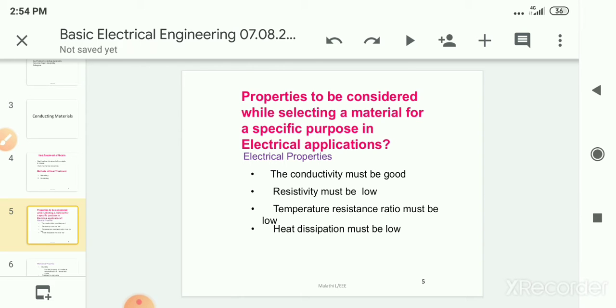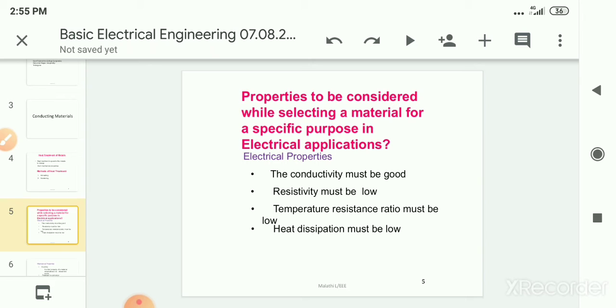So what are the properties to be considered while selecting a material for a special purpose in electrical application? We have to consider its properties. By studying its properties, we select the material to which the application is suited.